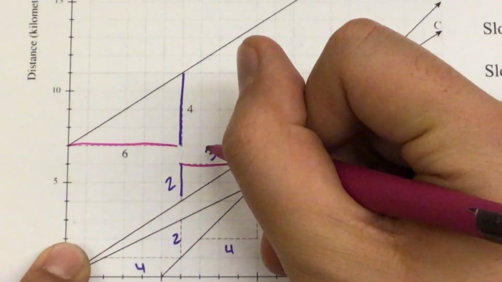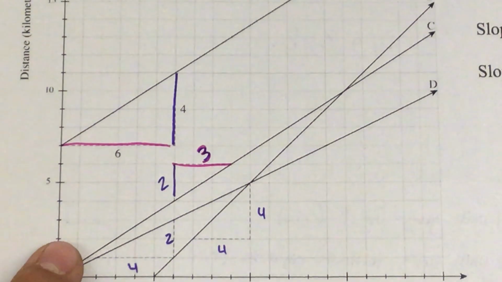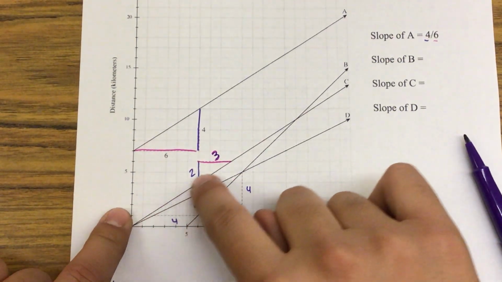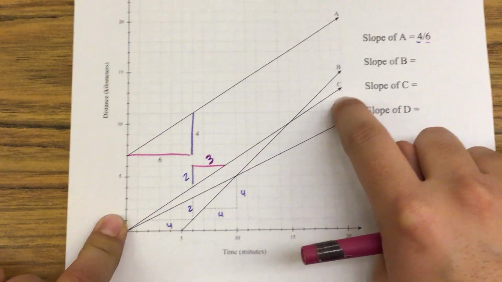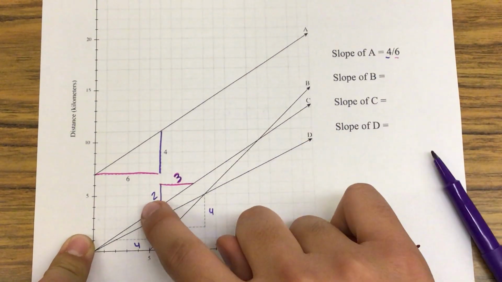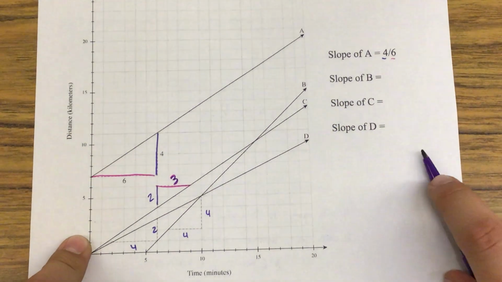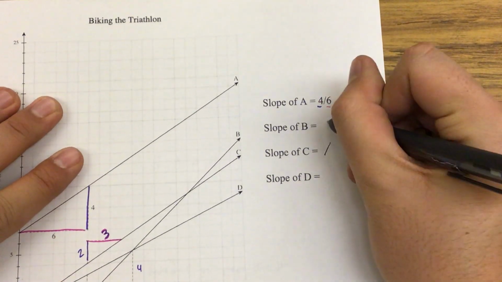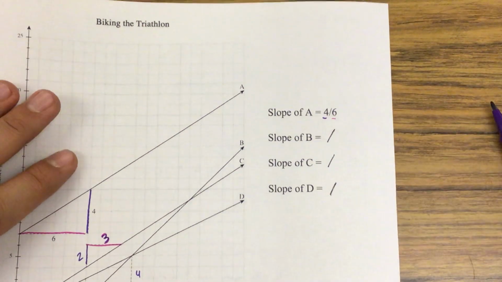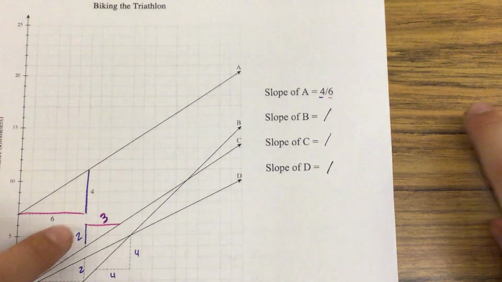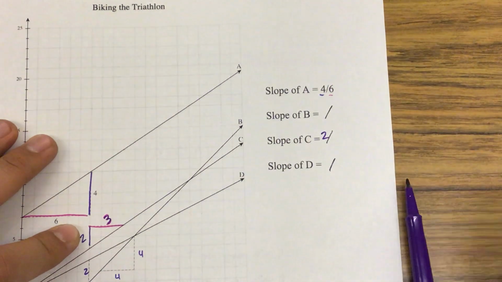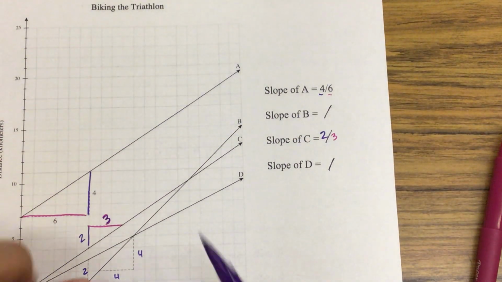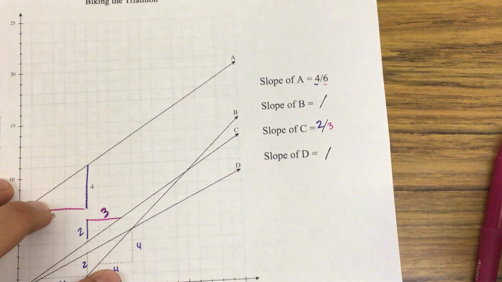You can't tell, that's in pink. All right, so this is bicyclist C, if you follow along, right? So C is going to be 2 over 3. Let me get my black. Just going to draw my line for all of them. So slope for C is 2 over 3. For B, this line right here, it's 4.